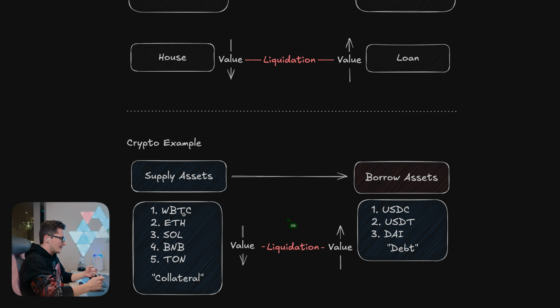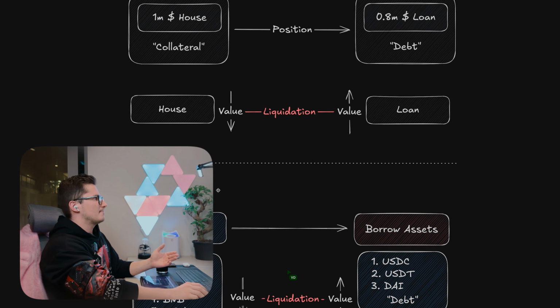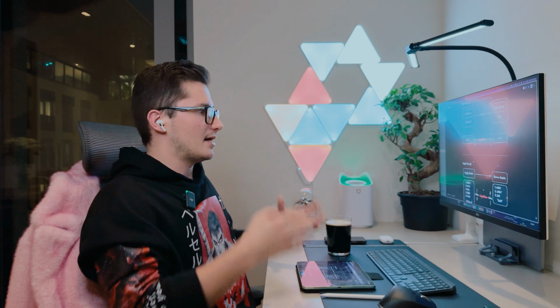And the thing is that lending and borrowing is not only about houses and dollars or crypto assets. In real finance, you can use stocks, company shares or even bonds, and you can use a broker to estimate the value of your assets and give you a loan based on them.